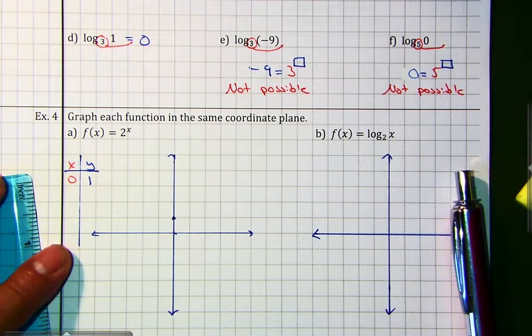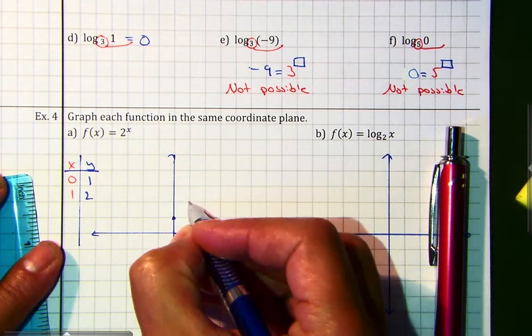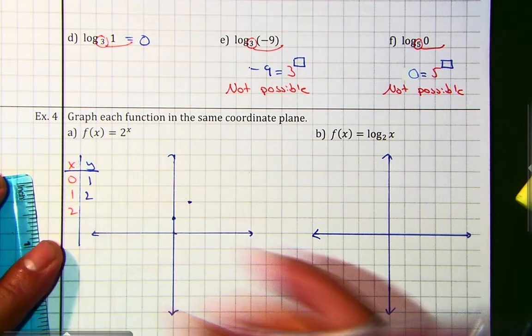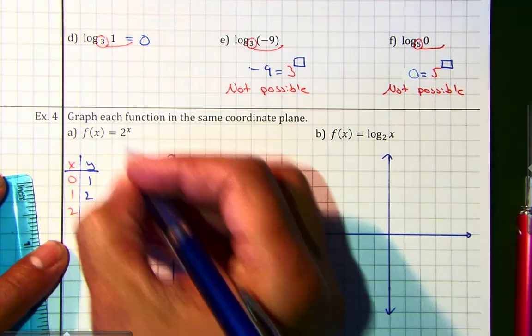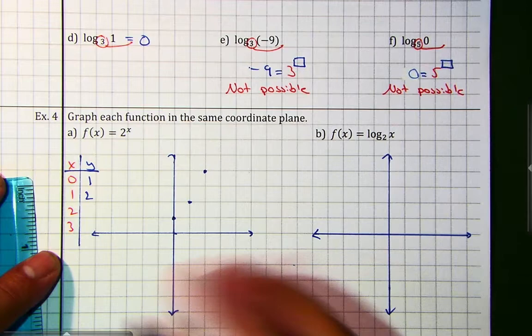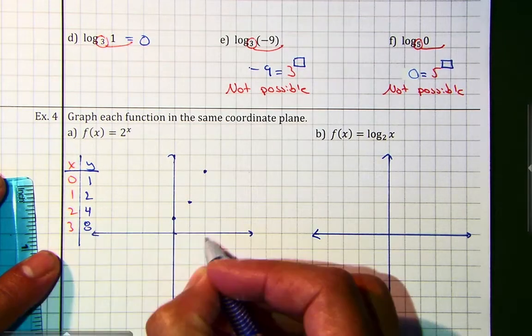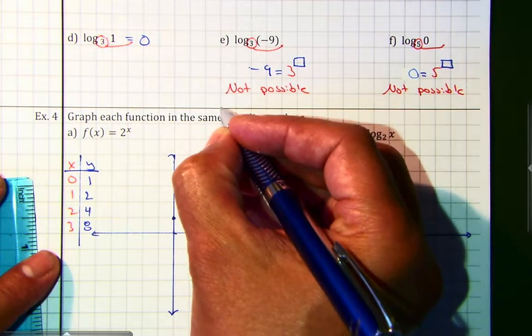Plug in a 1: 2 to the first power is 2. So (1, 2). Plug in a 2: 2 to the second power is 4. Plug in a 3: it gives you 8.